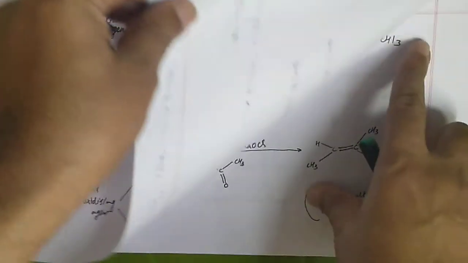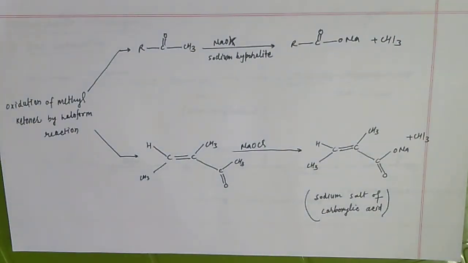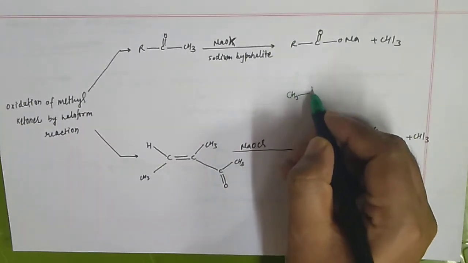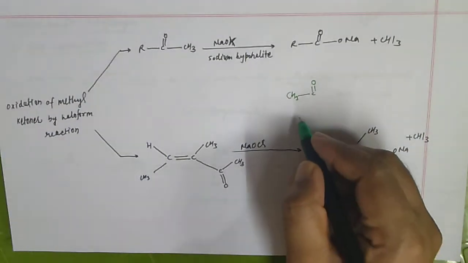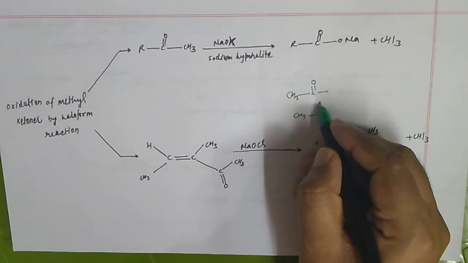Now let us move on to the next important property, that is the oxidation of methyl ketone by the haloform reaction. This is a very confusing and very important reaction, because it is given by a compound having the methyl ketone group, or the methyl hydroxyl group.